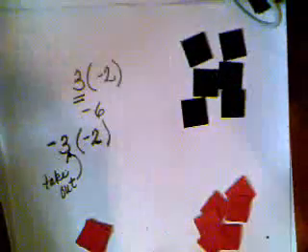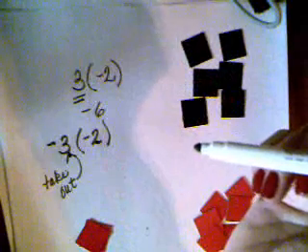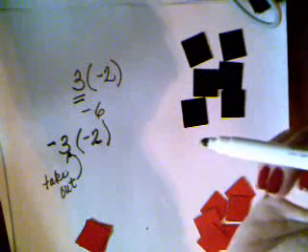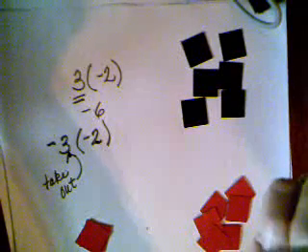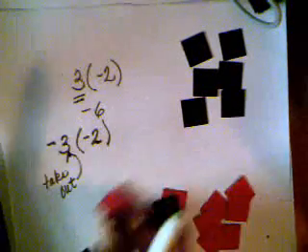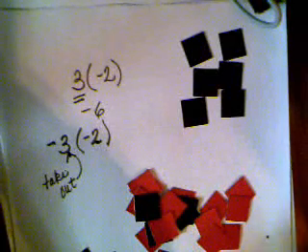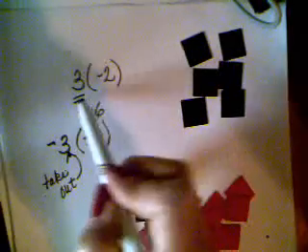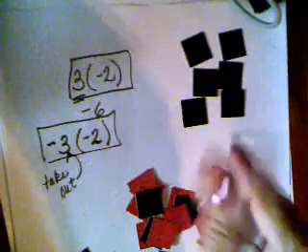So the rules for multiplication and division, I think, sometimes are confusing. I really love using these manipulatives for addition and subtraction. I'm not as crazy about it for multiplication and division because the rules are so easy.